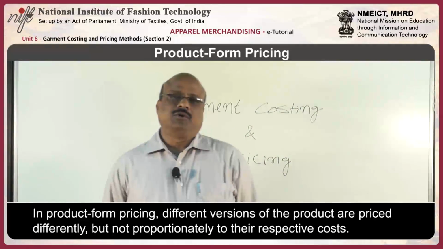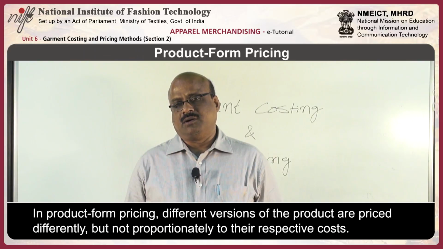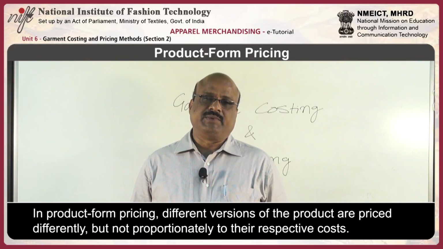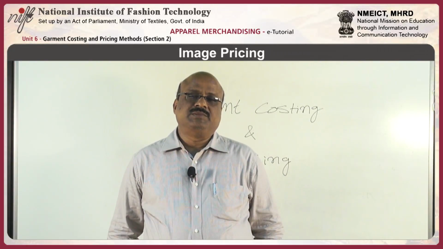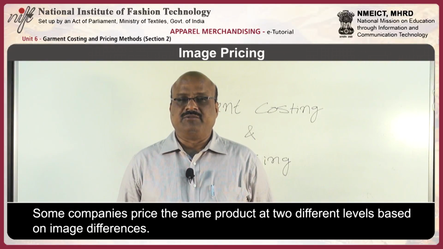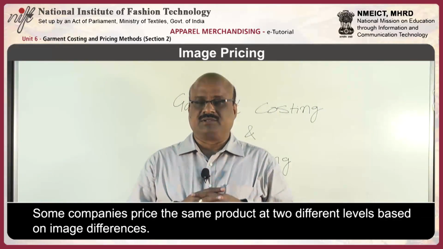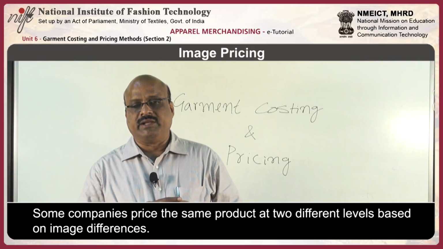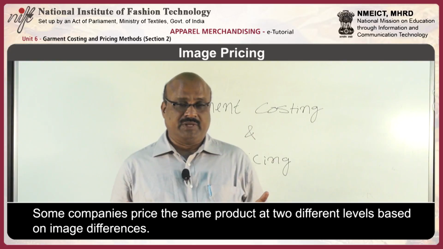Similarly, product form pricing. In product form pricing, different versions of the product are priced differently, but not proportionately to their respective costs. Image pricing: some companies price the same product at two different levels based on image differences. A perfume manufacturer can put the perfume in one bottle, give it a name and image, and price it at rupees 50.